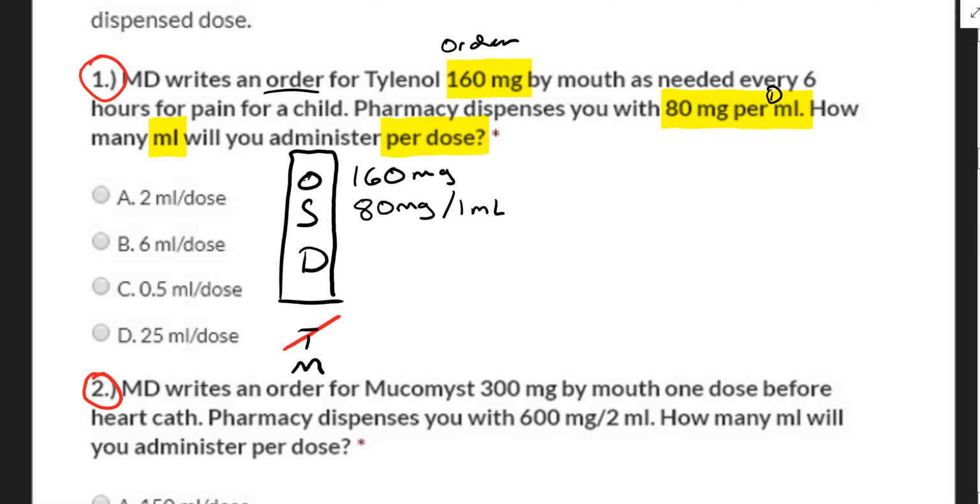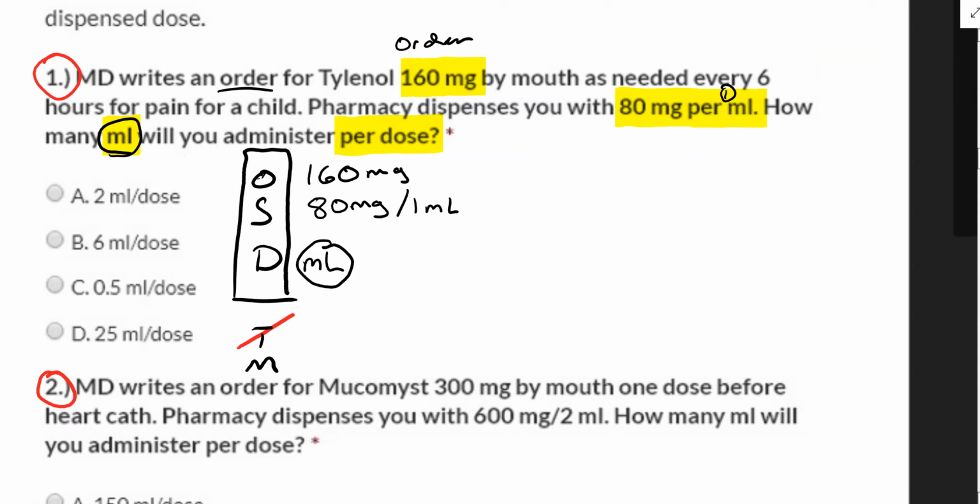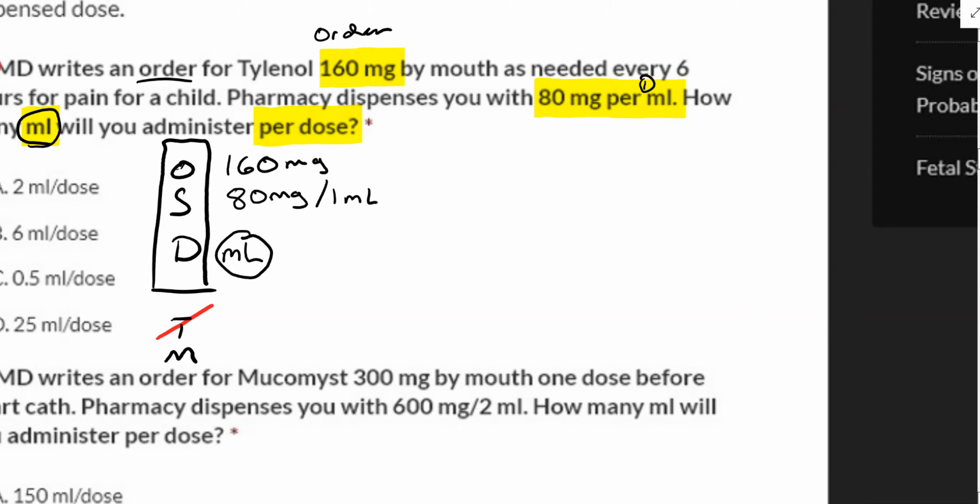Now what is this question wanting? It's wanting milliliters, so we write ml right here. I always start my equations with what I want, with my desired. So this is how I start organizing it. I started with the mLs on top. It doesn't matter too much how we organize what's on top and what's on bottom, but starting with your desired will usually be the best way to go.